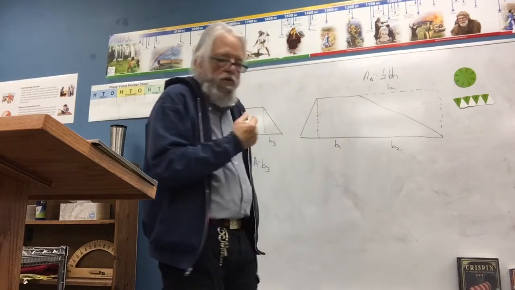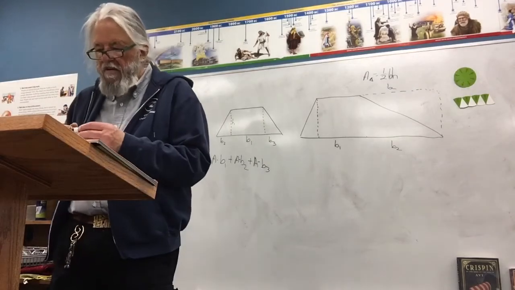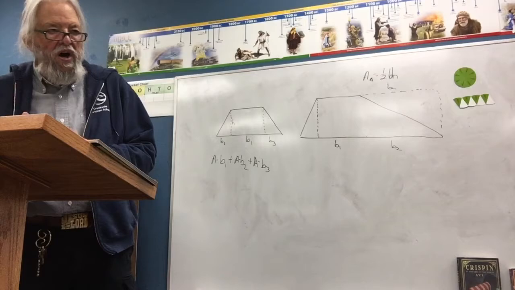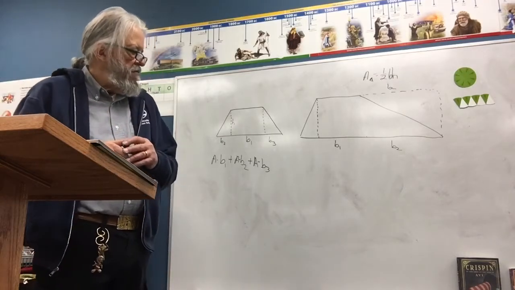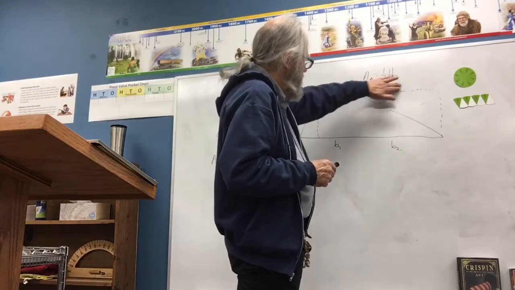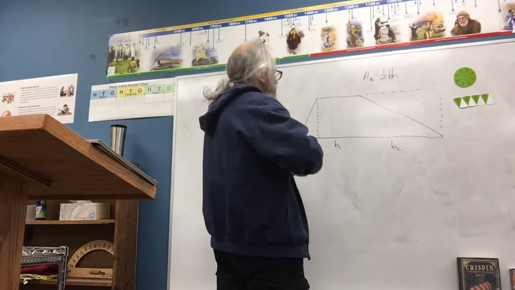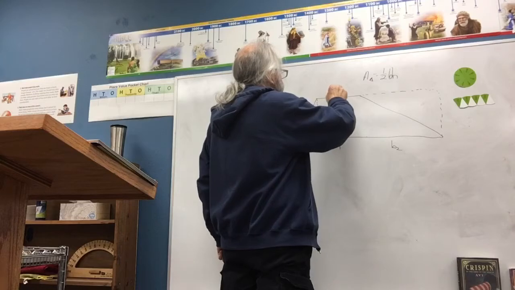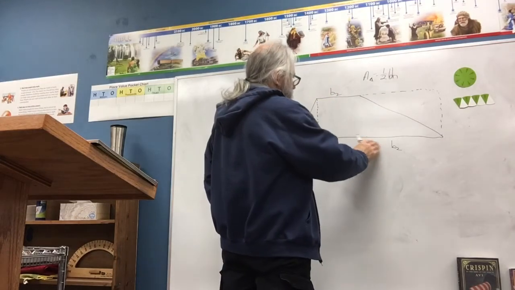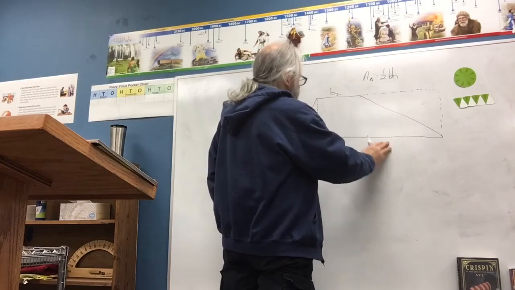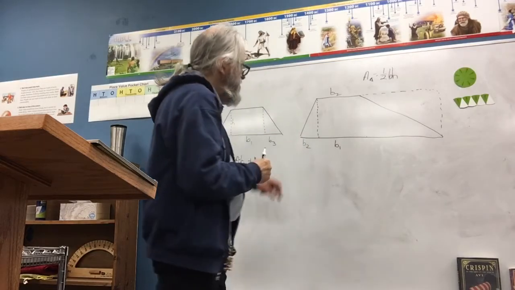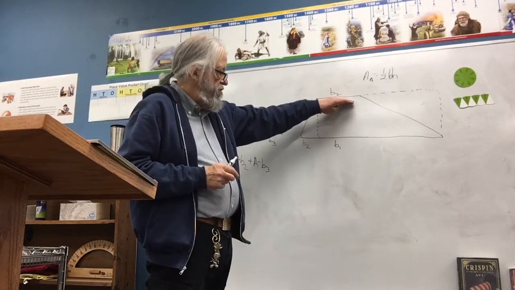And so what they're doing is they're taking base 1 and, I should draw this differently. Sorry. Okay. They're taking base 1 and base 2.